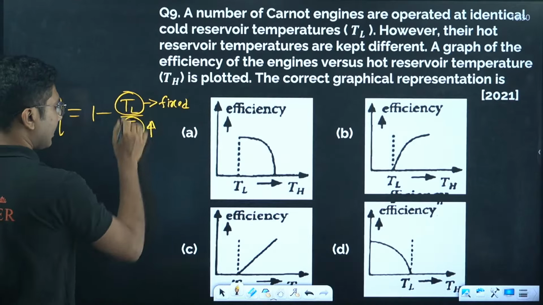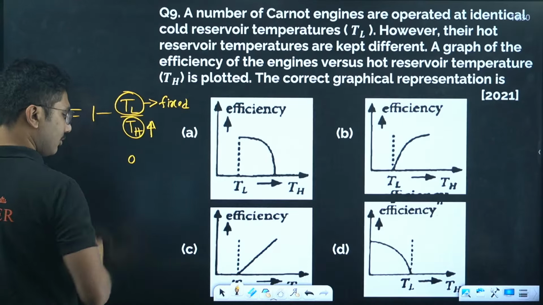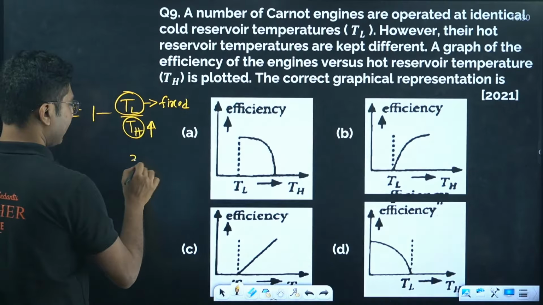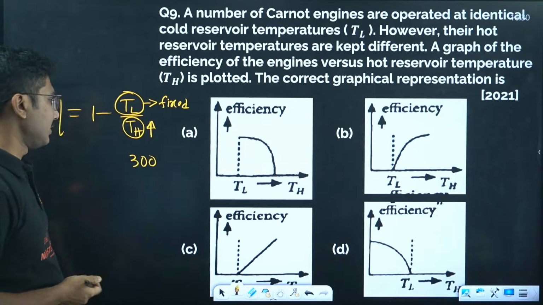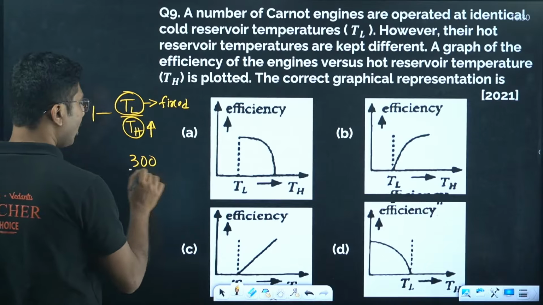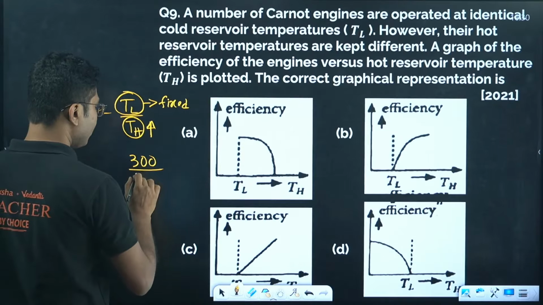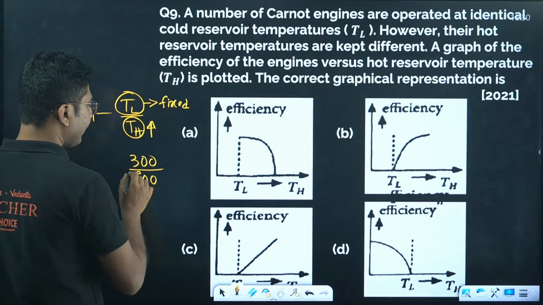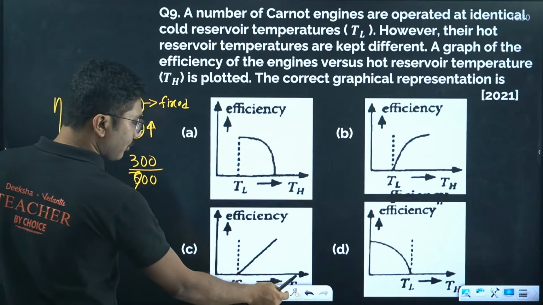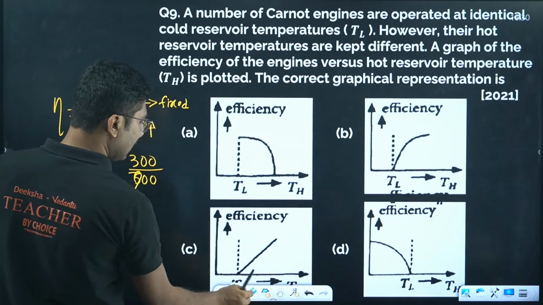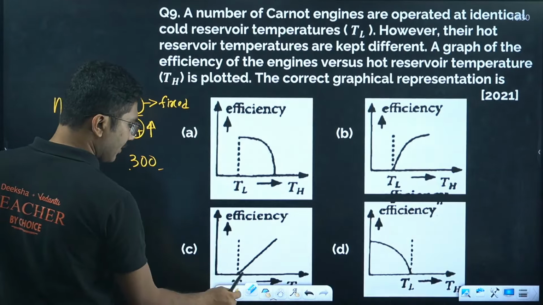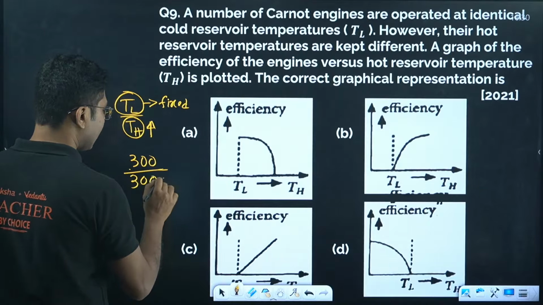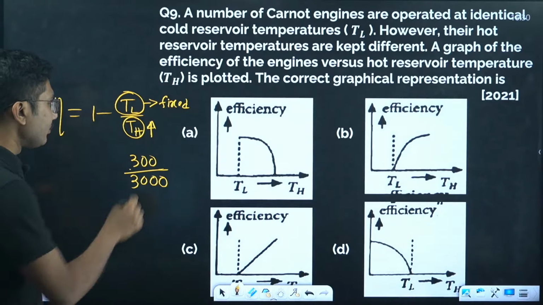Suppose this TL is say 300 Kelvin, 27 degrees Celsius. T hot initially was suppose 500. Now you increase to 600. Now you increase to 700. Then suppose at some point you keep a very high number, say 3000 Kelvin. What is happening to this number?